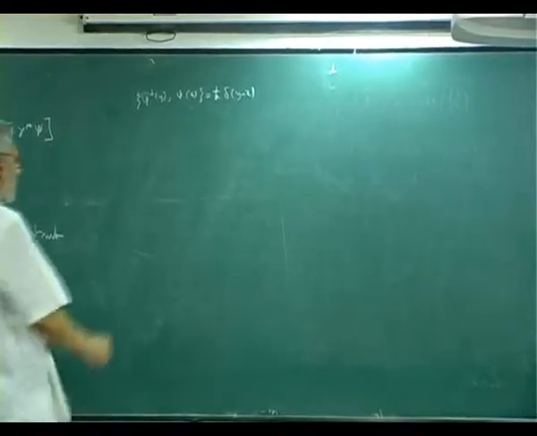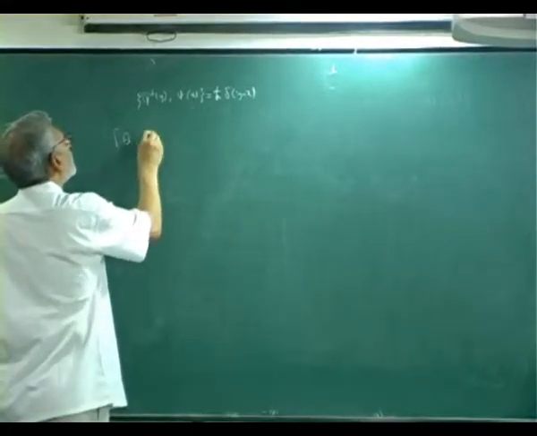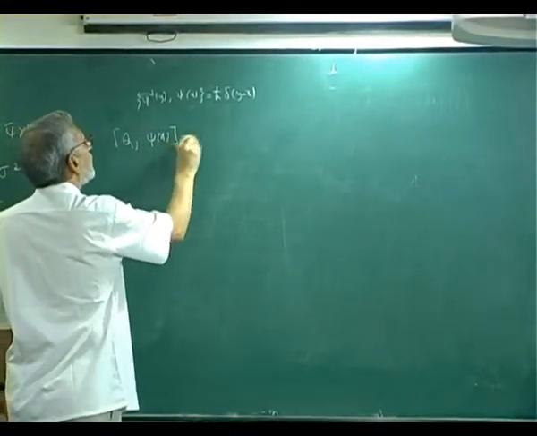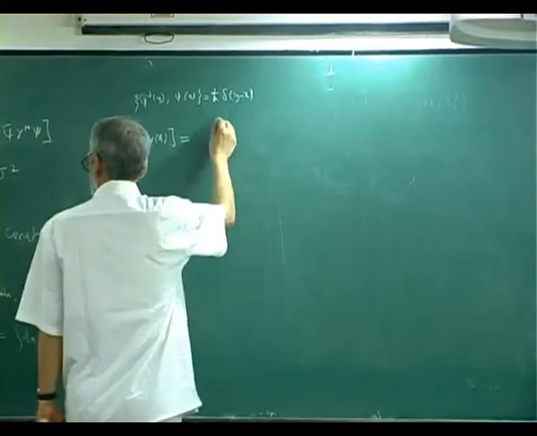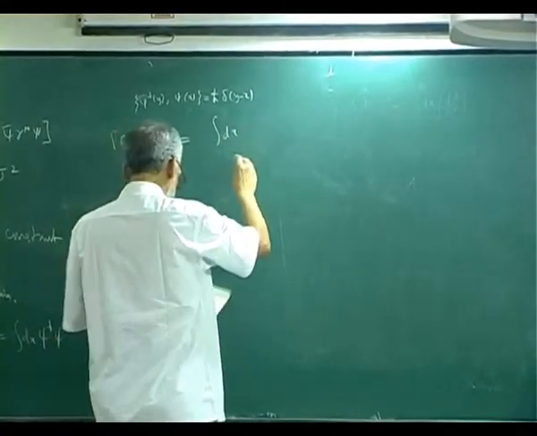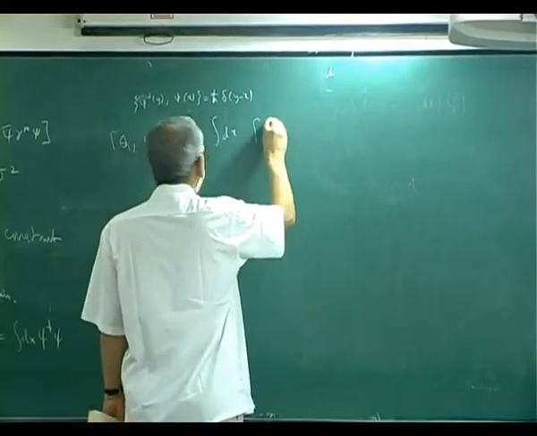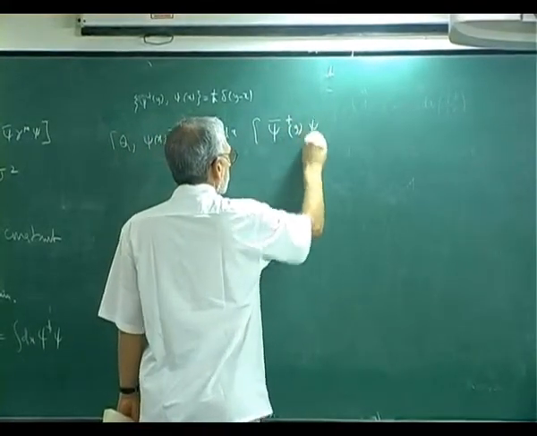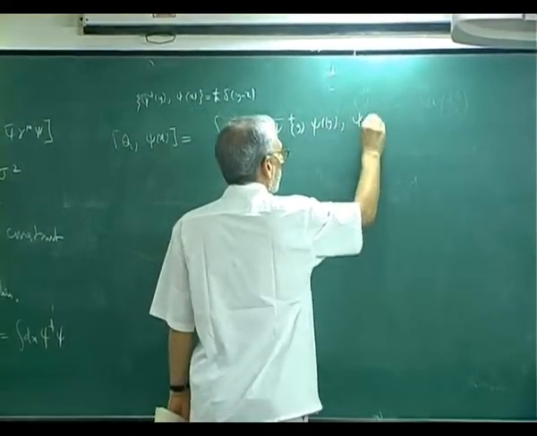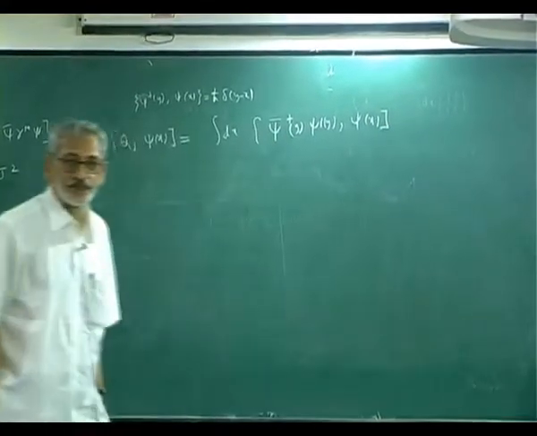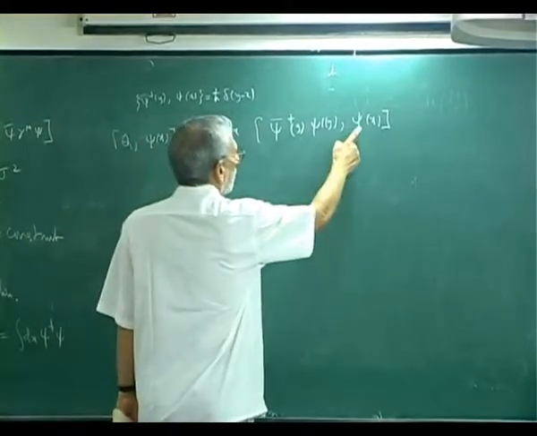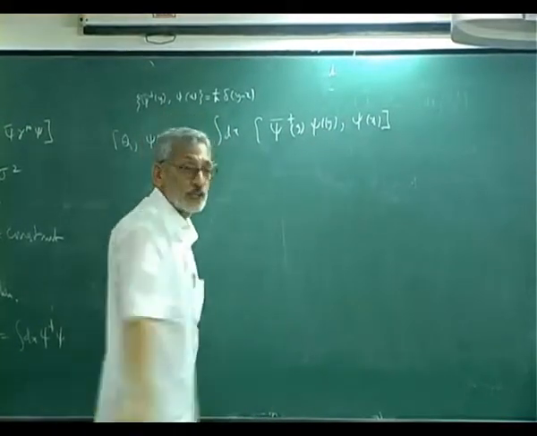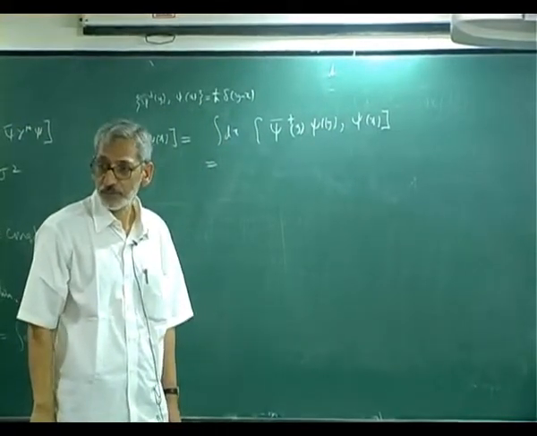Now let me work out the commutator of this charge Q with the field psi. The charge is the integral dx of psi dagger y psi y, commutator with psi x. Now the commutator of psi with psi is 0, because this is the only anti-commutator that is non-zero.